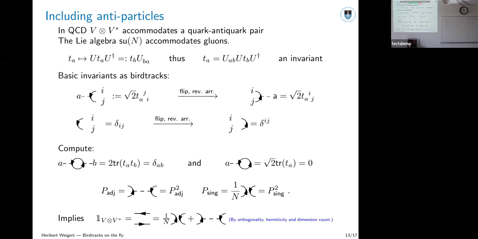It's called the projector onto the adjoint. Because I built it into the diagram with the factor square root of 2, that works out automatically. So it's a projector, right? Let me do the square.